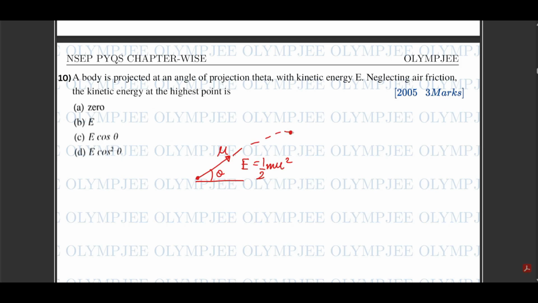We know that at the highest point the velocity will become u cos theta, because there is no vertical component. So energy will become half m u square cos square theta, which is equal to E cos square theta. So the answer will be D.